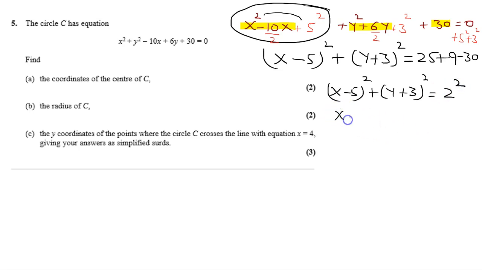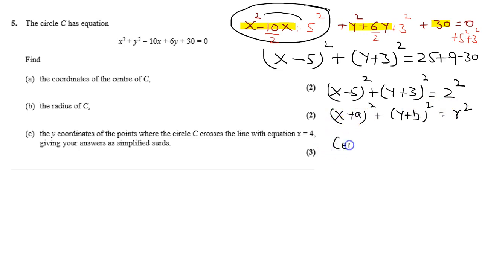Now compare this with x plus a square plus y plus b square is equal to r square.